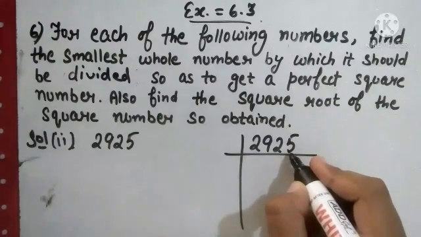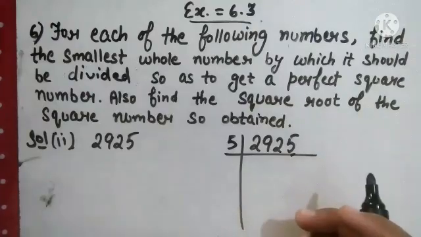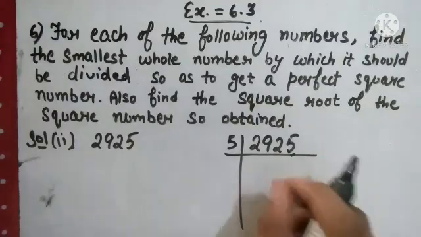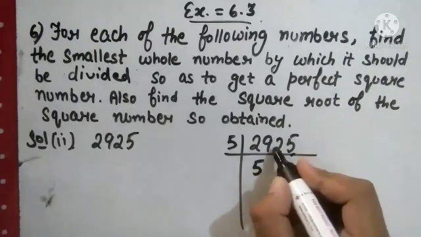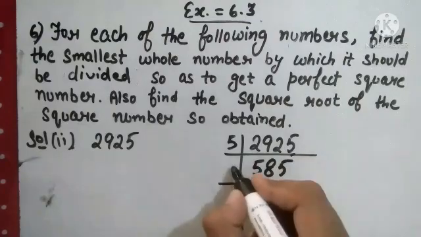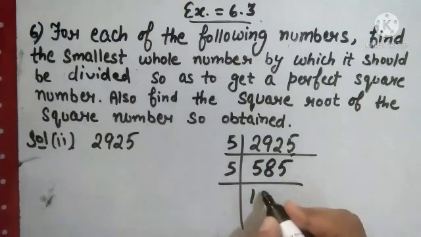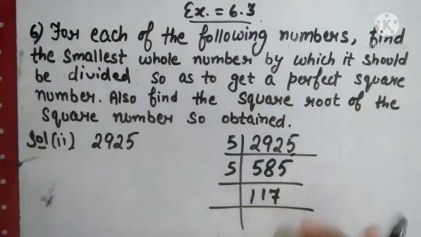2925, you can divide it by 5 directly, because here the ones digit is 5, or otherwise you can apply the divisibility rule to check by which number we can divide this number. 5 fives are 25, 5 eights are 40, 5 fives are 25. Again we can divide by 5, and 5 ones are 5, 5 sevens are 35.